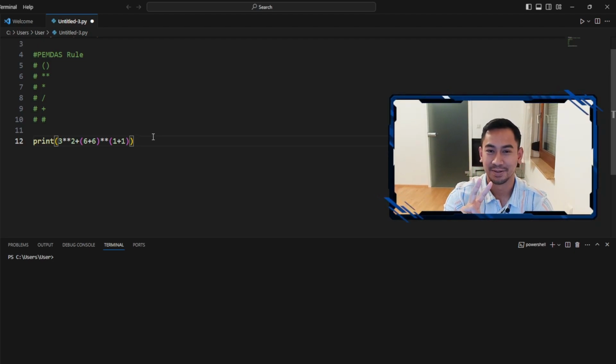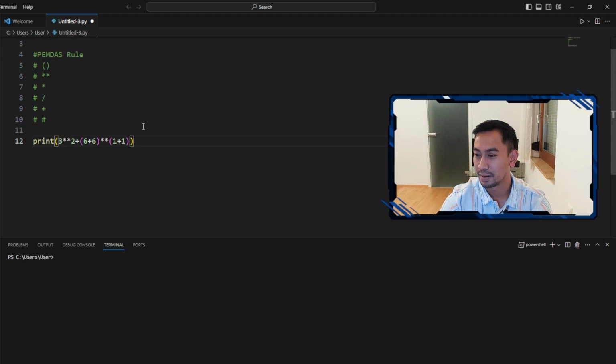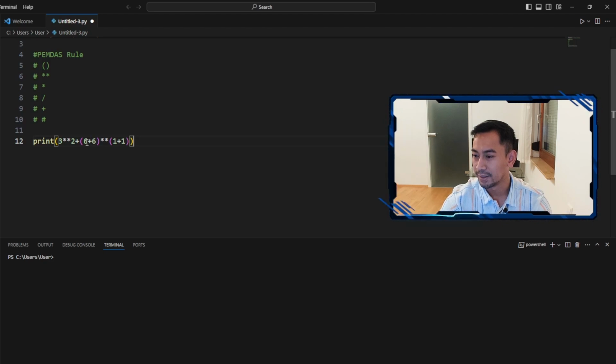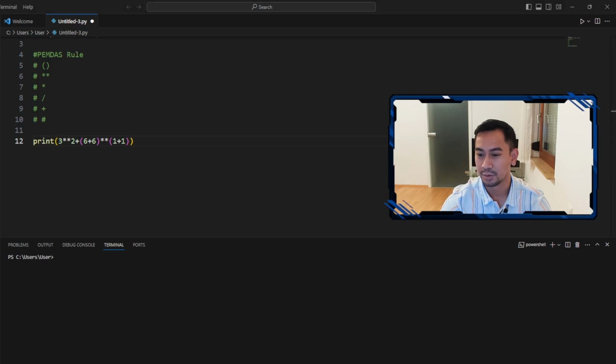1, 2, 3. All right, you're right. So the first thing, if we run the program, Python will calculate what is inside the parentheses, which means this will be 12, and then this will be 2. So we have 12 and 2.